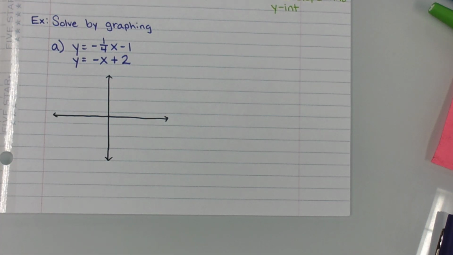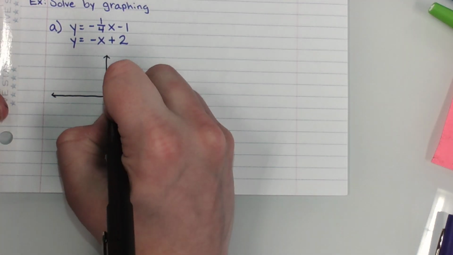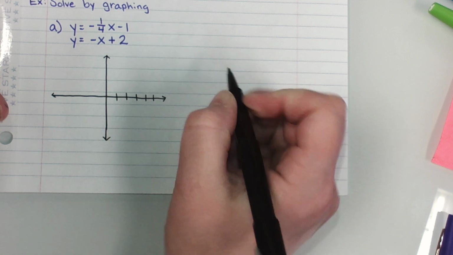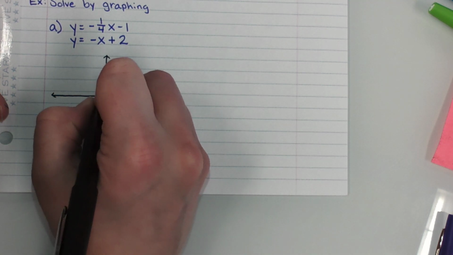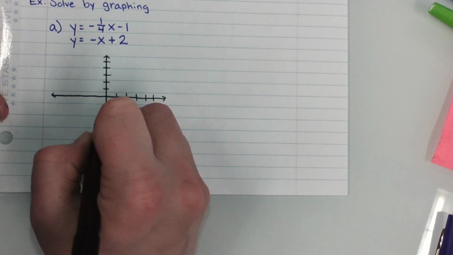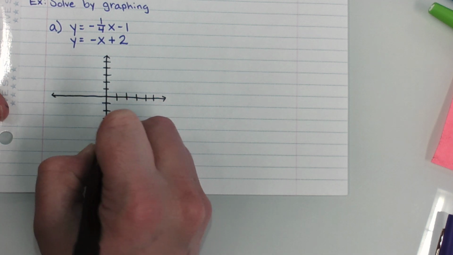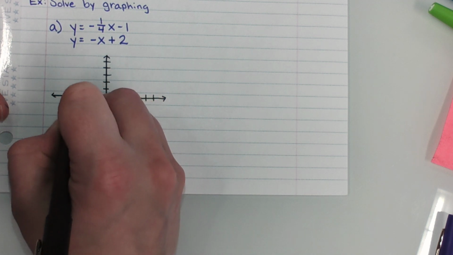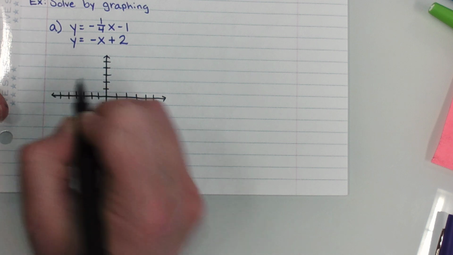Now, if I want a graph to solve, then I need to create a coordinate grid. I also want to try to make each of my ticks that represent my actual grid itself evenly spaced. It doesn't have to be perfect, because there's one other thing that I use to my advantage with that.